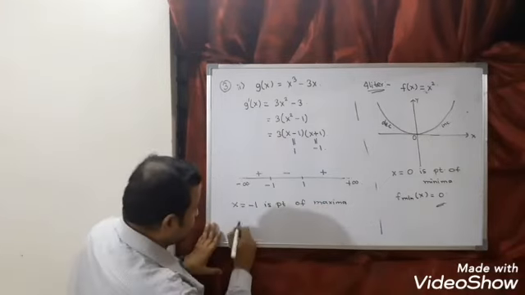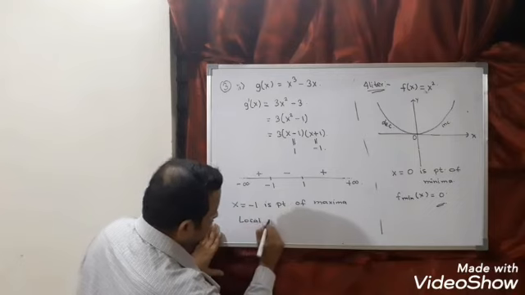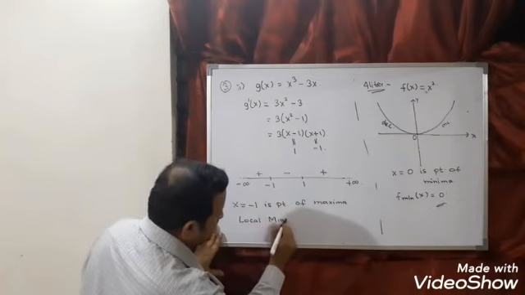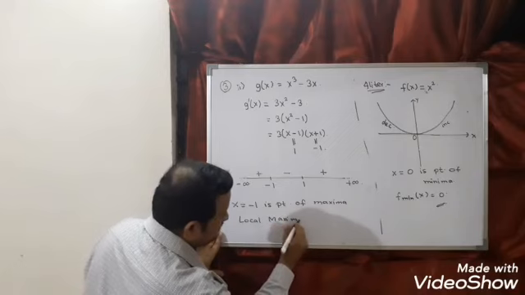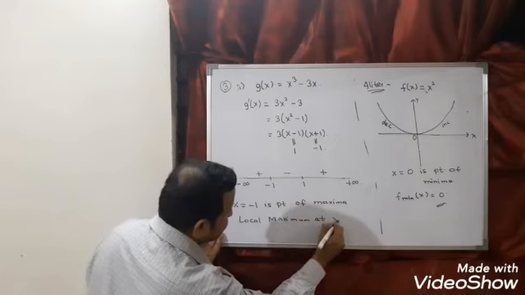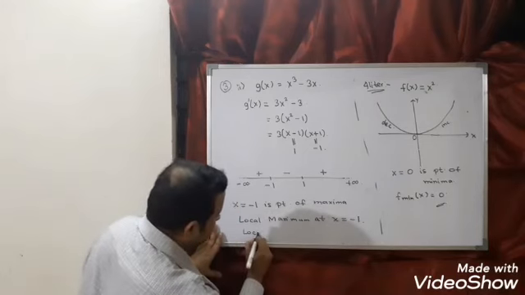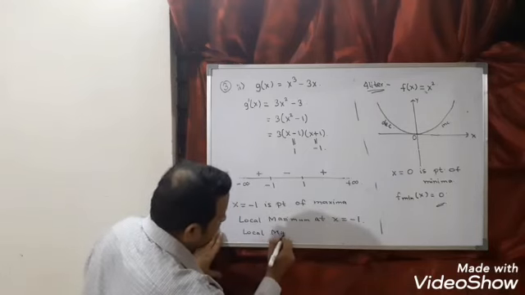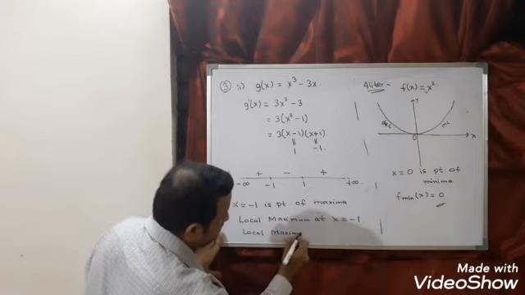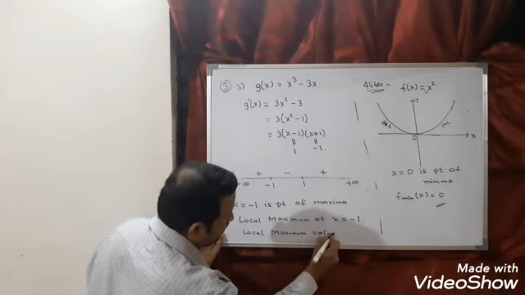Yes or no? So here I can say local maximum at x is equal to minus 1. And what is the value? So here I can say local maximum value is equal to.